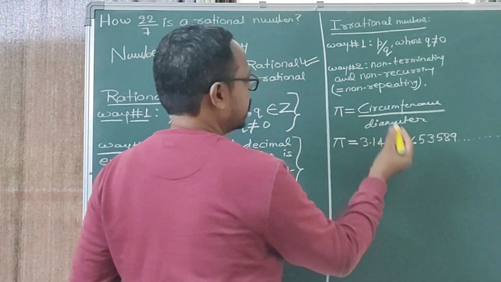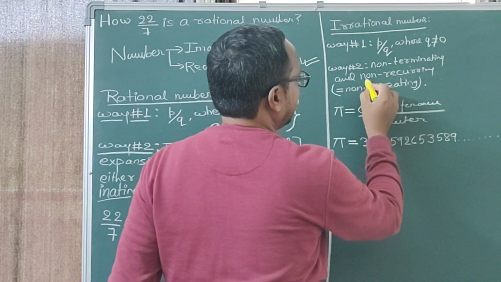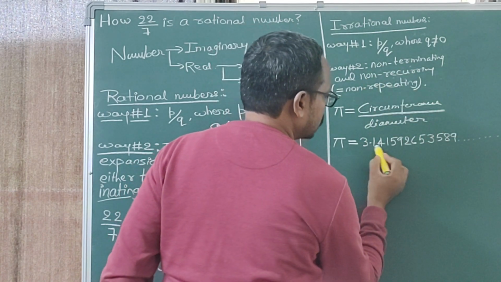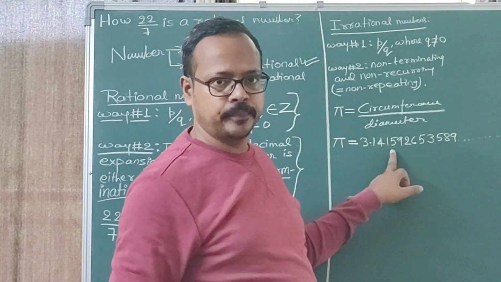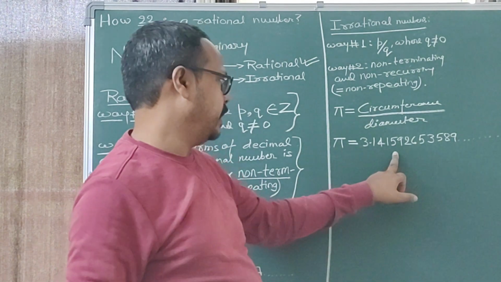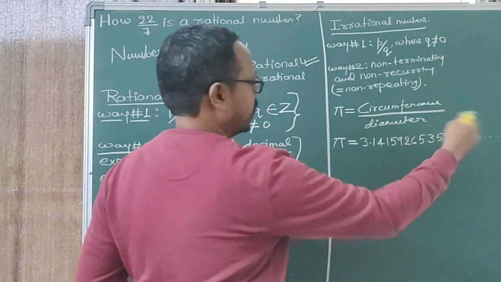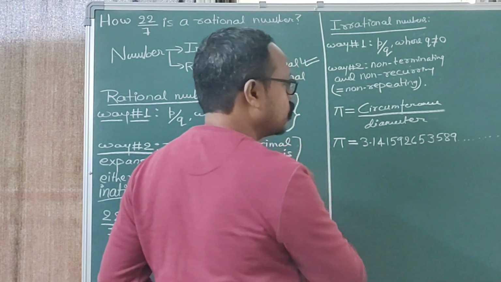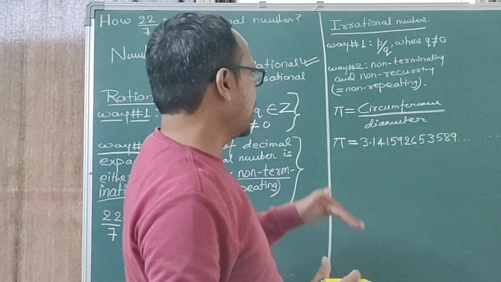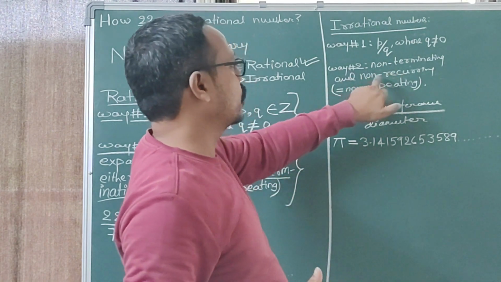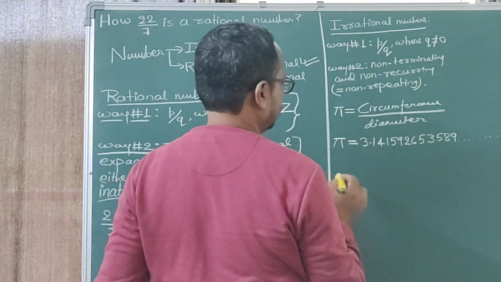See here, 14159, 2653589, and keep on getting different numbers, right? So there is no pattern identified till now which is getting repeated. So it is treated as non-terminating and non-recurring, which fulfills the definition of an irrational number.